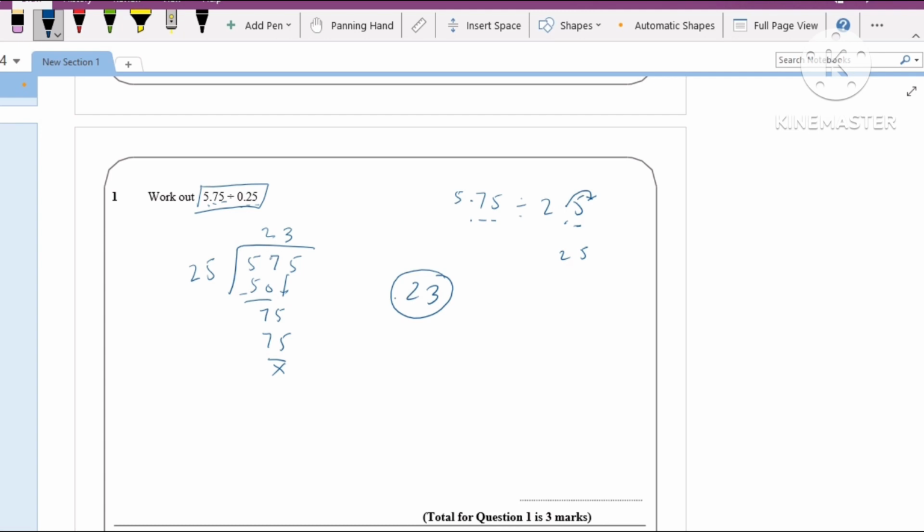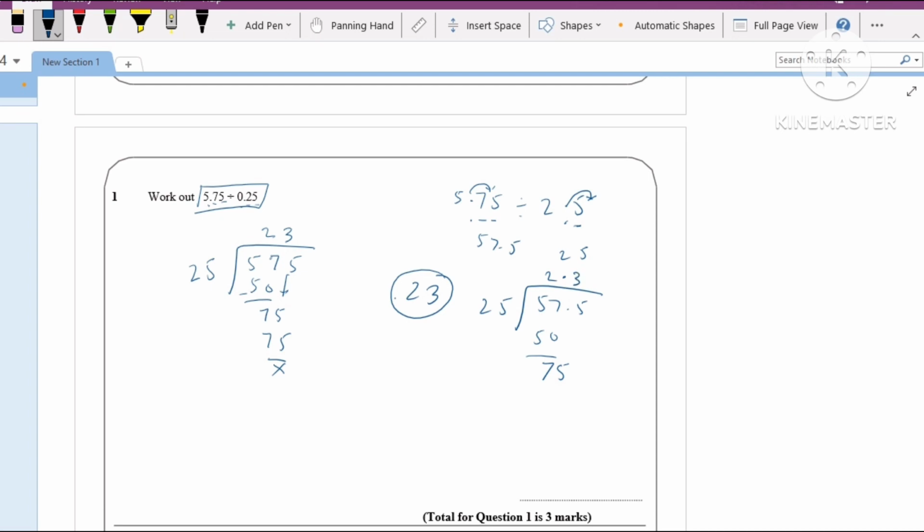So this point will move here, this will be 57.5, so we will divide 57.5 by 25. We will move in this way: 25 times 2 is 50 and minus, 7. Now this point will move here, and then we bring down the 75, and 2.3 will be your answer.